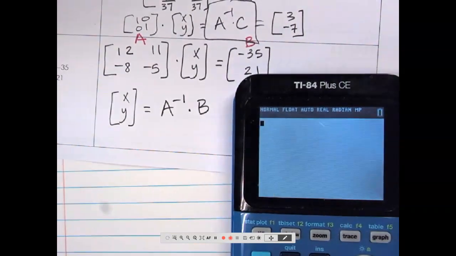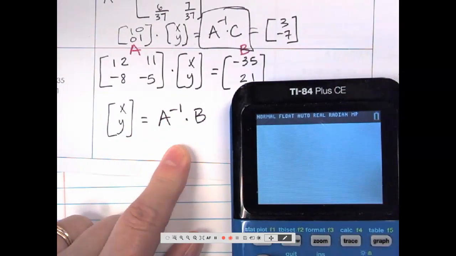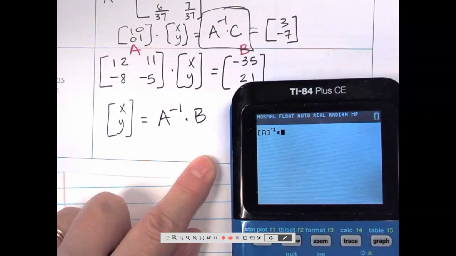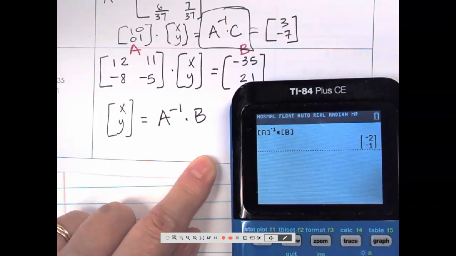And once I have those two matrices in my calculator, I need literally what I have written down here. Matrix A inverse times matrix B. And those are my answers for X1.